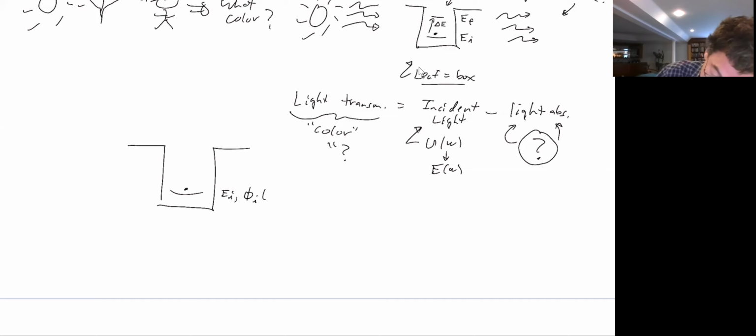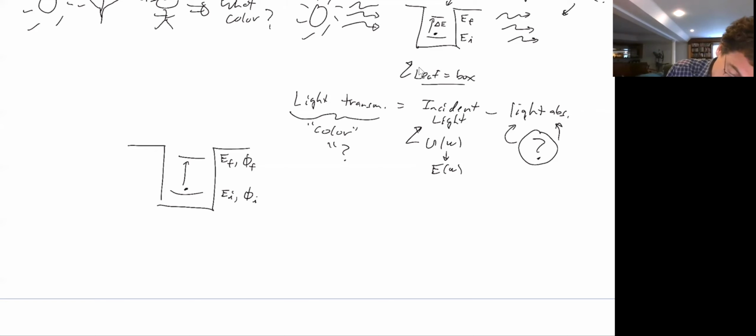Let's just call it phi I. And then I have my final state described by some final state. And they're separated by some energy difference. And I want to know what are those transitions. So I want to know what's the probability of a transition.